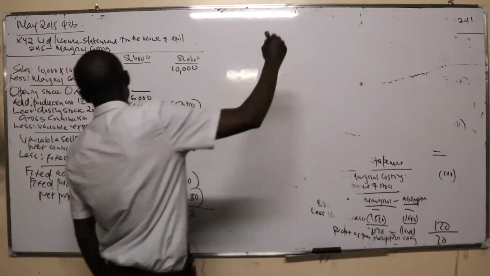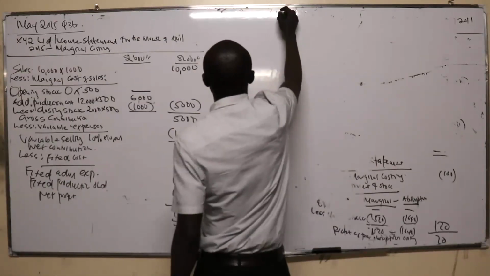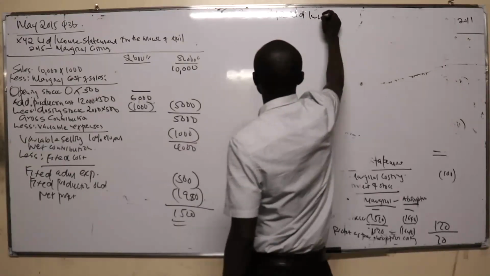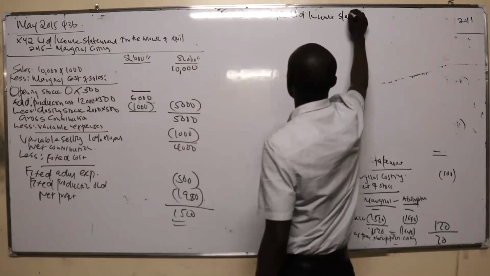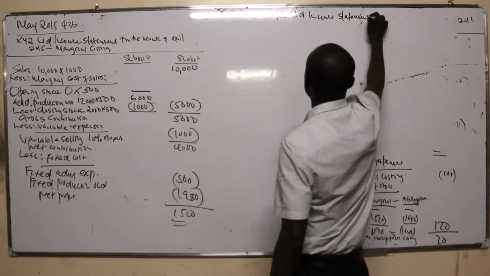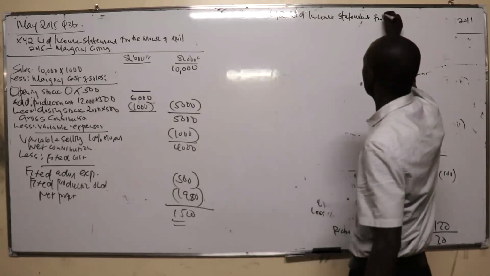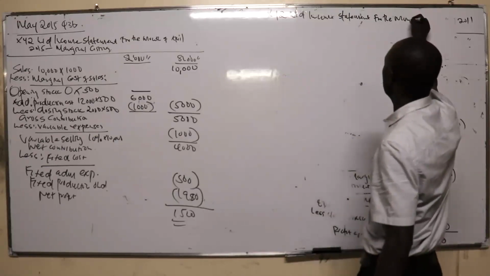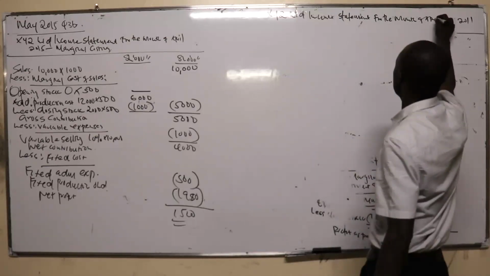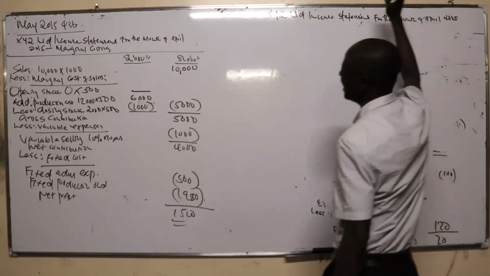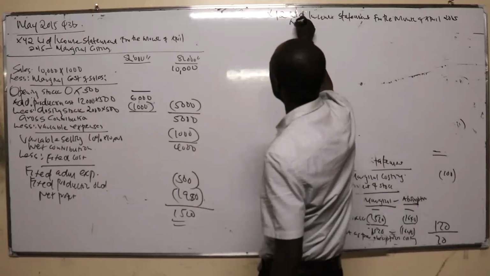So we come here and write XYZ Limited income statement for the month of April 2015, absorption costing.